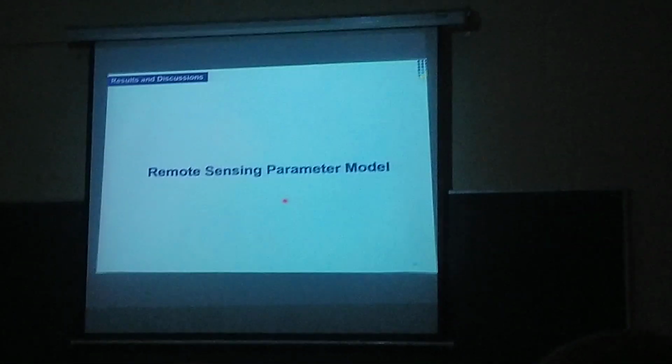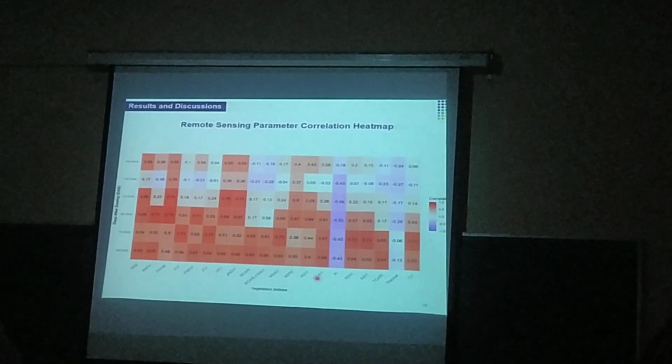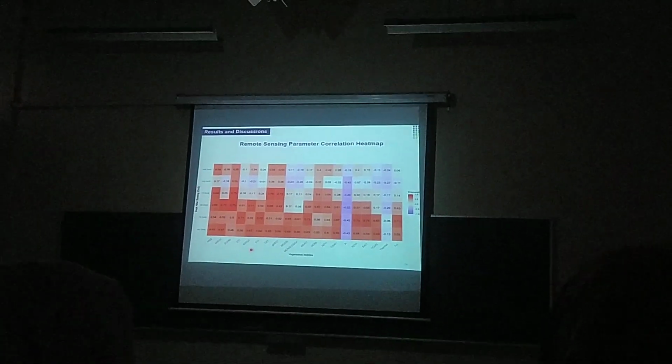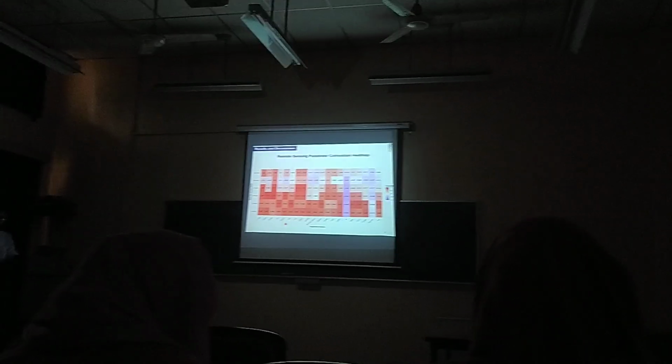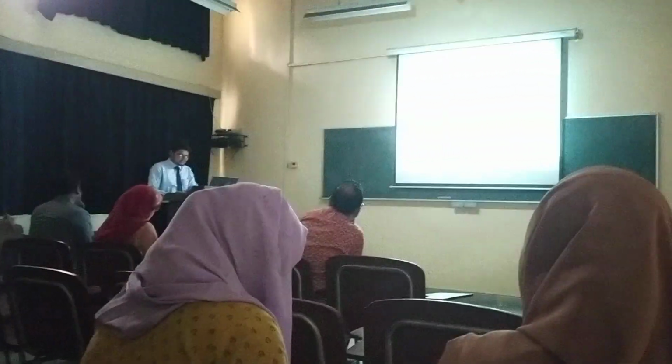Now for the remote sensing parameter model. In this figure, we are seeing the correlation of yield and different selected remote sensing parameters across different DAS. The DAS has been put on the x-axis, and the remote sensing parameters are on the y-axis.